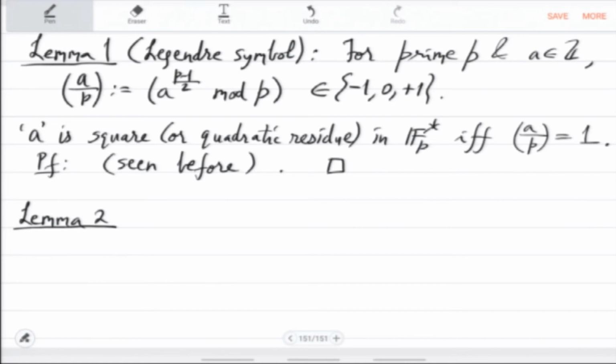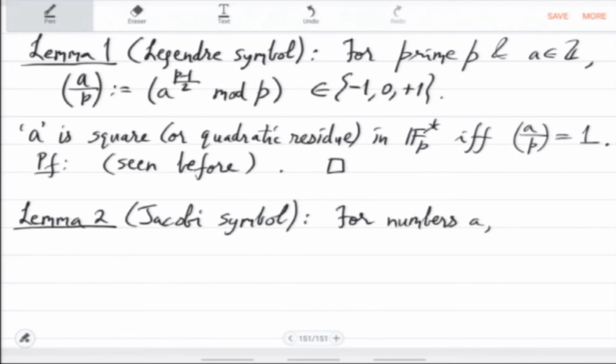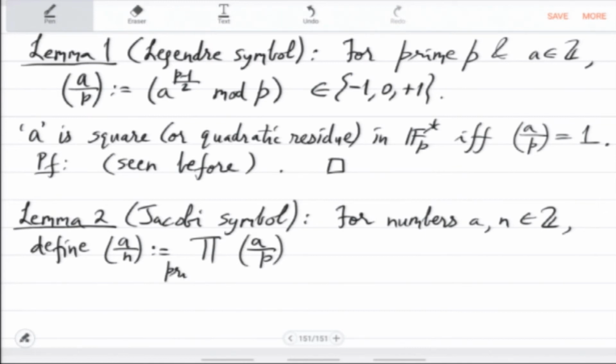So the analog is called the Jacobi symbol. For numbers A and N, A by N is defined to be: factorize N into primes and then multiply the Legendre symbols, with repetition.